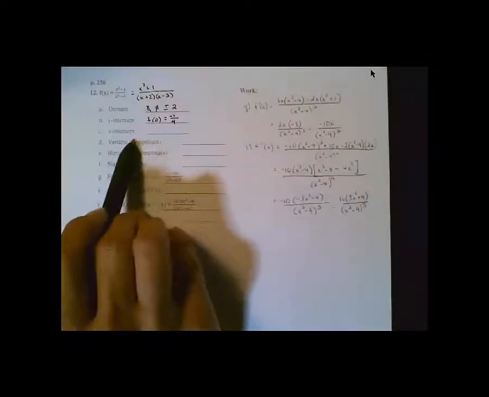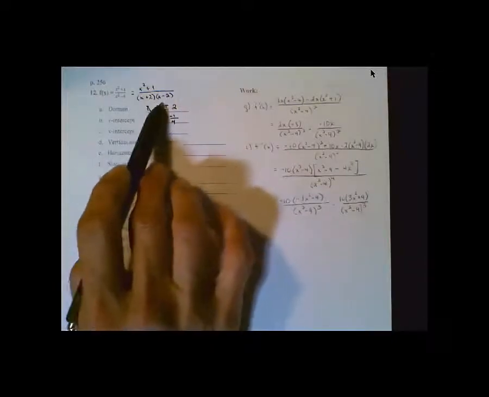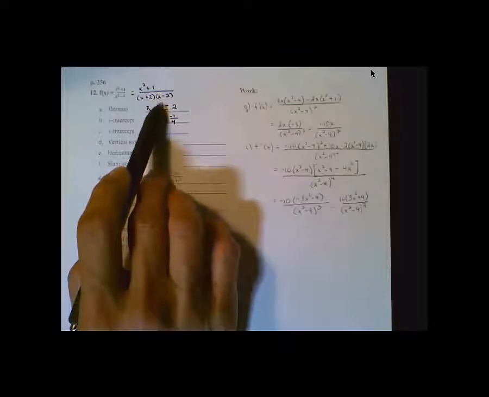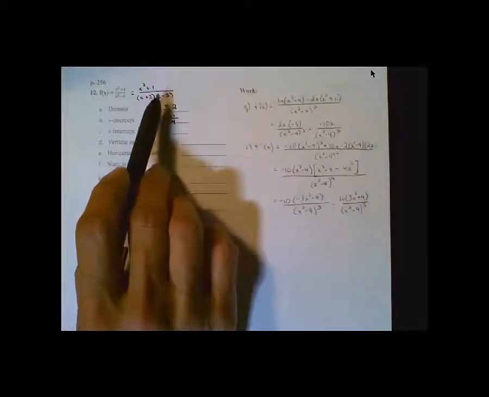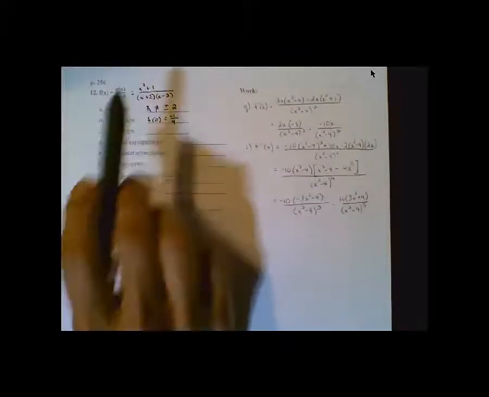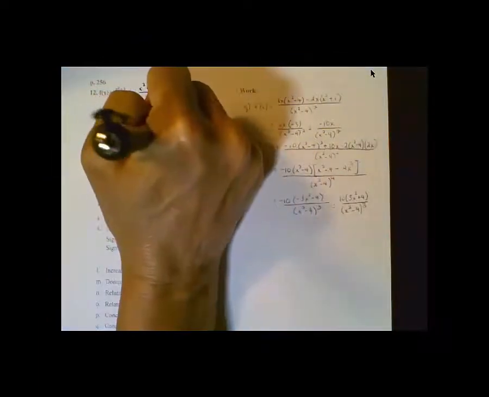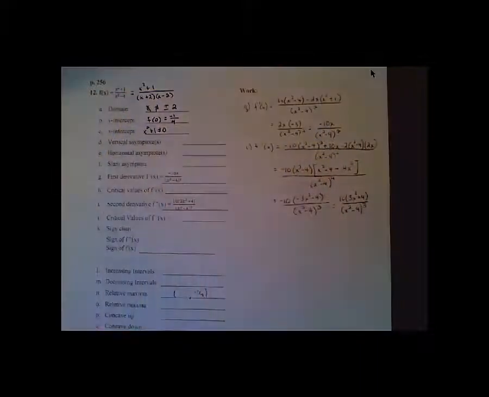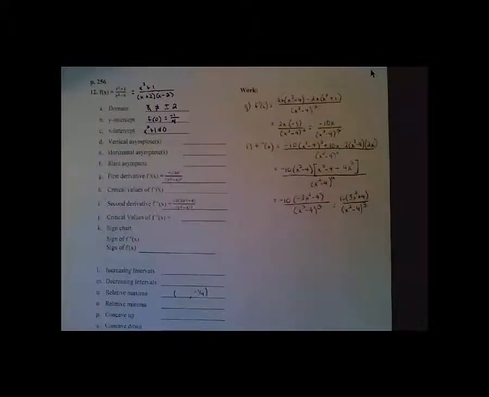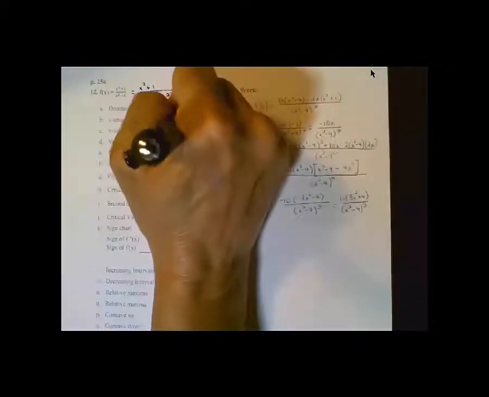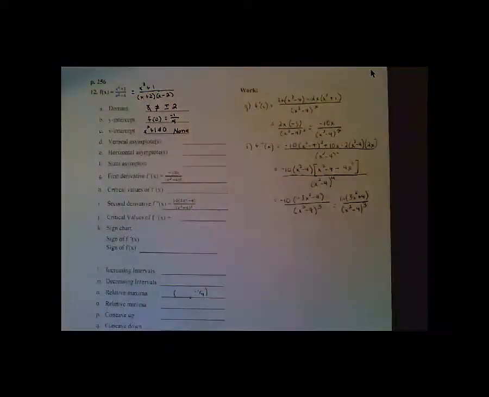To find the x-intercept, you let y be 0. Now, what makes a fraction 0? The only thing that makes a fraction 0 is if the numerator is 0, and x squared plus 1 doesn't equal 0, no matter what x equals. So there is no x-intercept of this function.